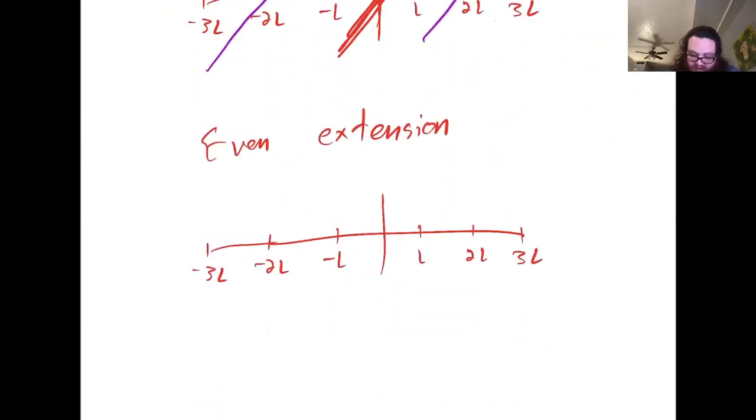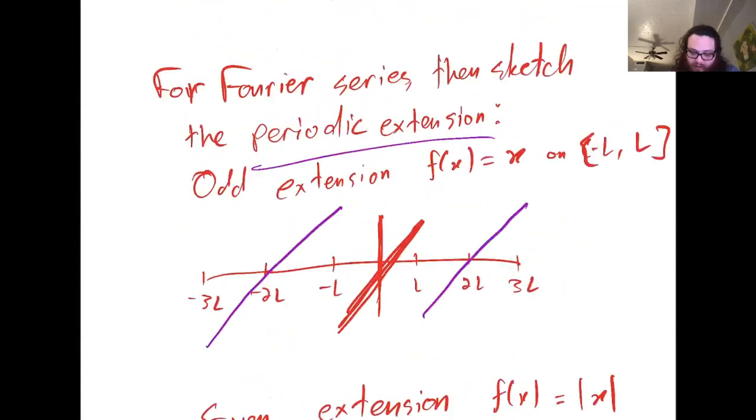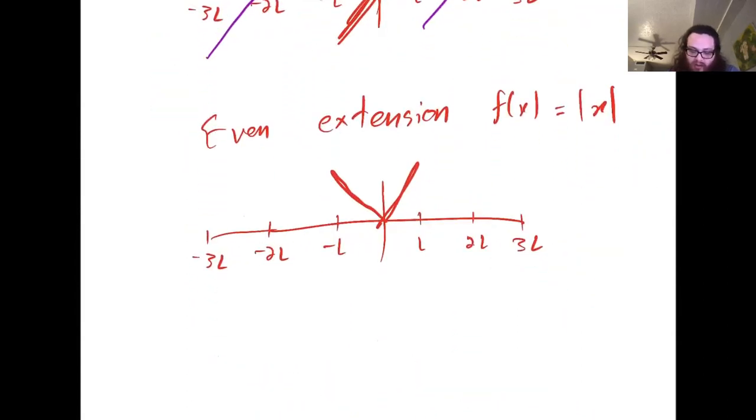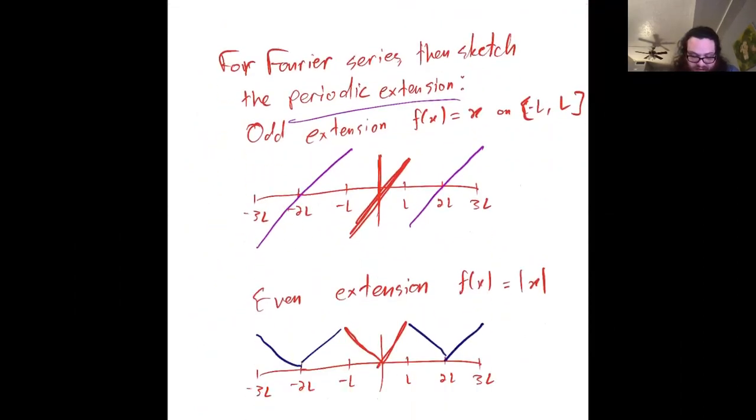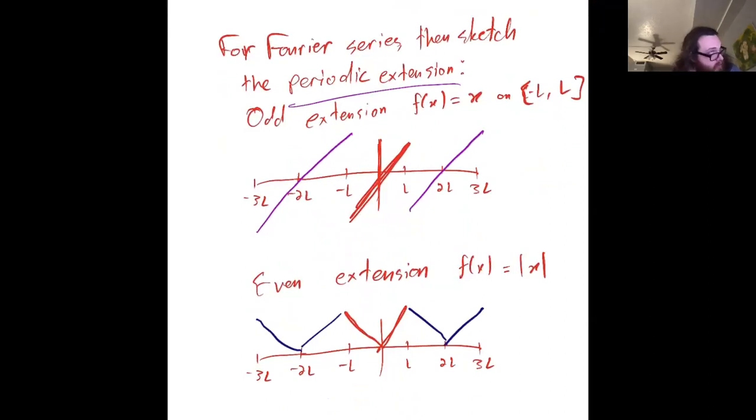Likewise, for the even extension, it looks something like this, where f of x was absolute value of x. So here, if we want to take the periodic extension, we'll take the same profile and then copy it over like that.